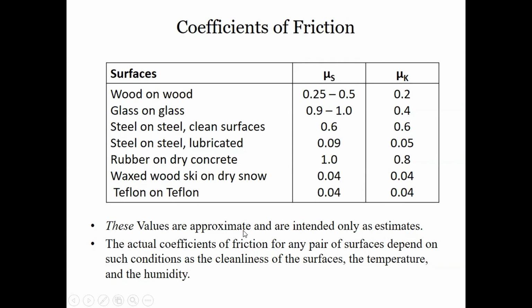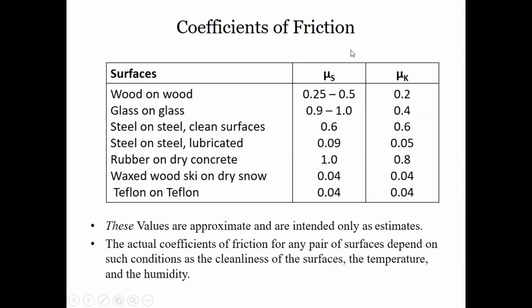These values must be treated as approximate values, and they are indeed only the experimental estimates. They have errors. The actual coefficient of friction for any pair depends on the conditions, and the conditions can be the cleanliness of the surfaces, the temperatures, the humidity, and the pressures.